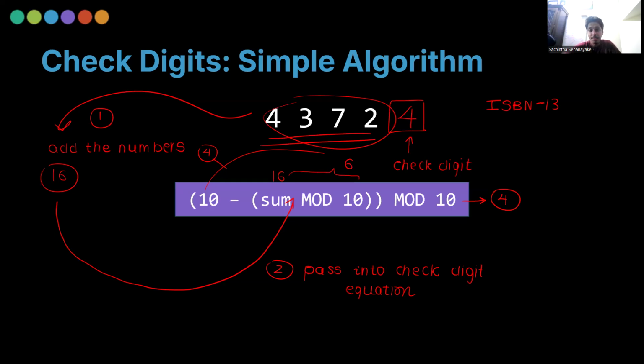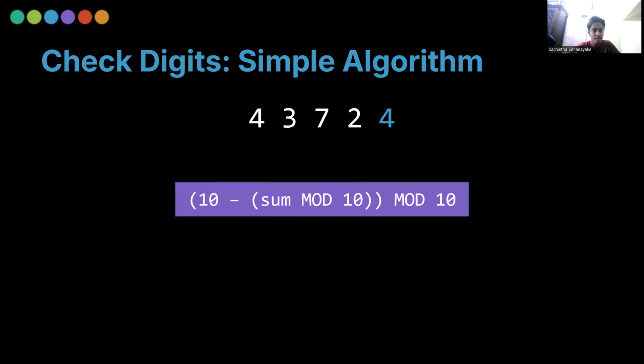On the receiving end, what happens? On the recipient end, when it receives 4372 with an additional check digit of 4, or when you want to double check your data that may be already saved in your database, or maybe saved already in your computer, you could take this data with the 4, with the check digit, and what you could do is recalculate the check digit using the original expression for this data.